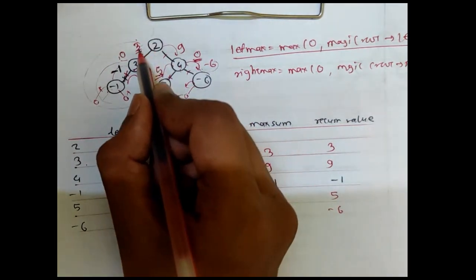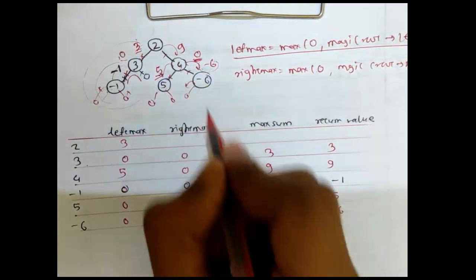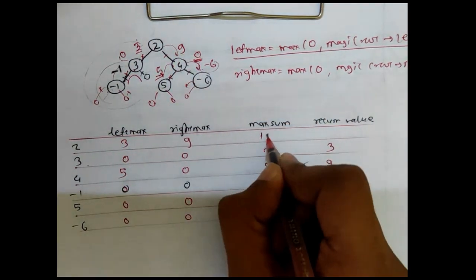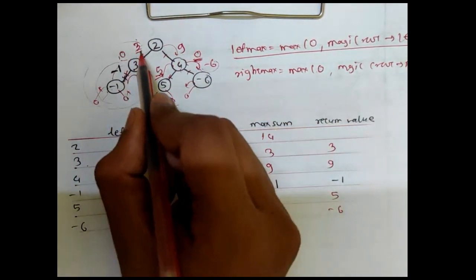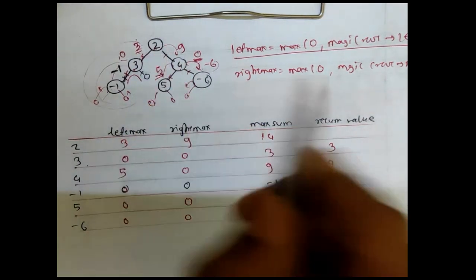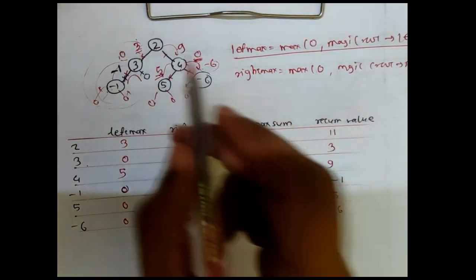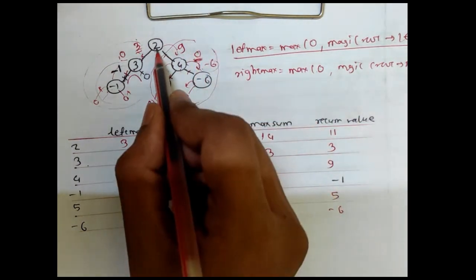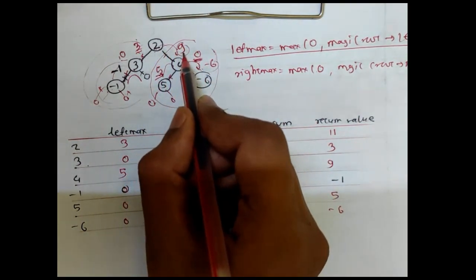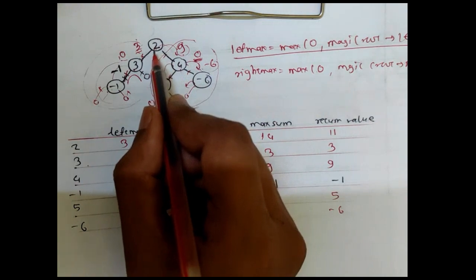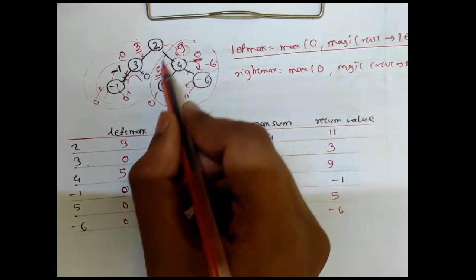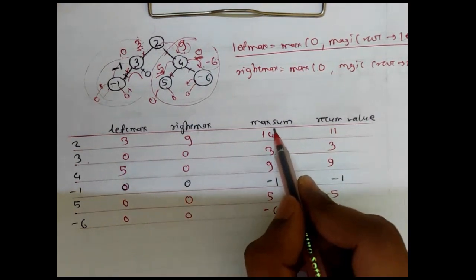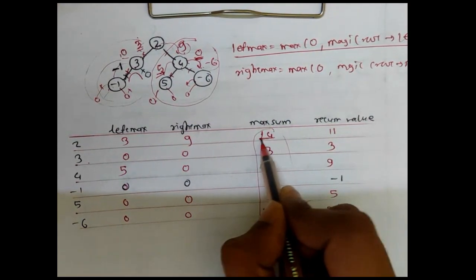For the 2, the left max is 3, right max is 9, and the maximum value will be 14, and the return value will be the maximum of the 2 plus the root's value, which is 11. Means for 2, if we want the maximum path, the path value will be 9. As we can see, the maximum sum is 14.